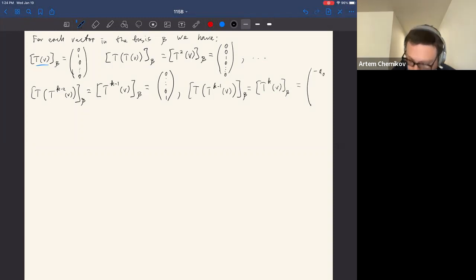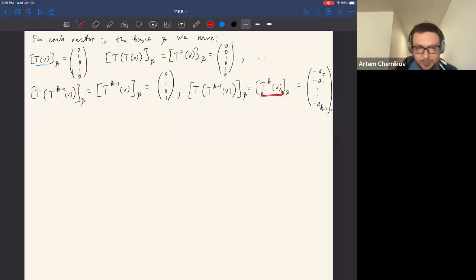So this is minus A0, minus A1, etc., all the way to minus A k minus 1. Okay, so where do I get this from? So this follows from the linear combination representing T k of V in our basis beta.